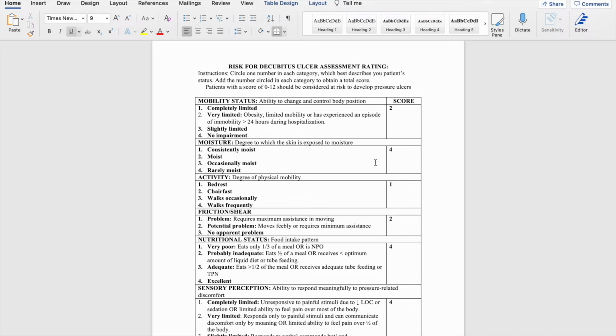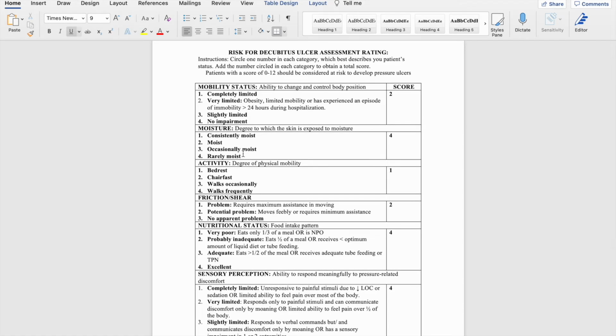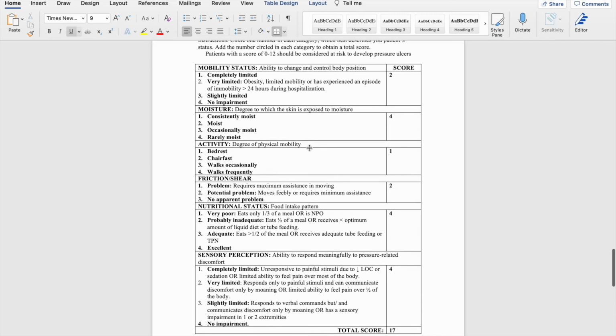She's able to get up occasionally. She's not sitting in moisture or urine, so she was rarely moist. Her activity, she was bed rest, but occasionally she was able to get up sometimes, or the nurse was able to assist her in turning her.